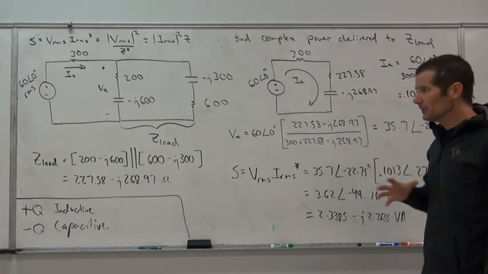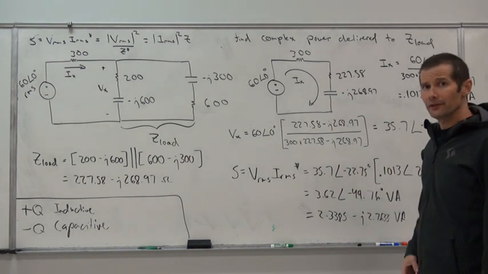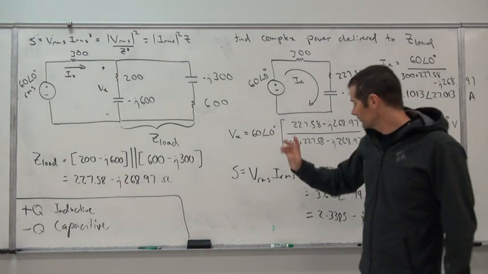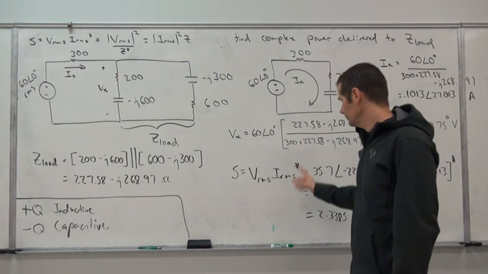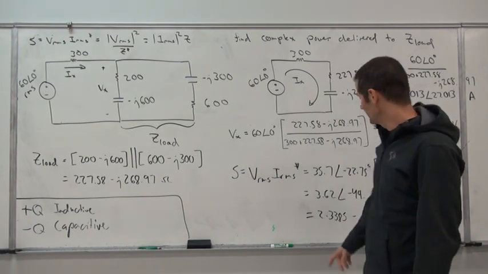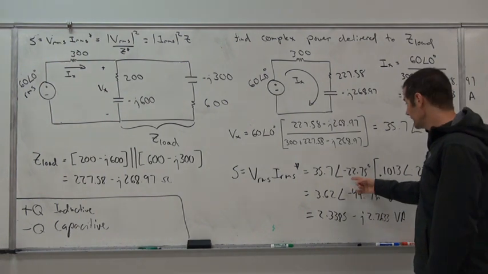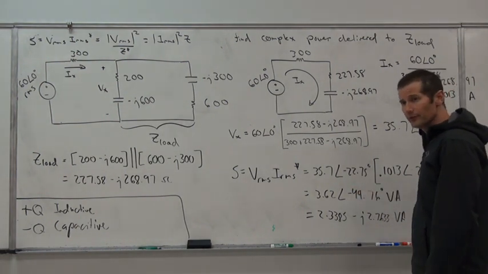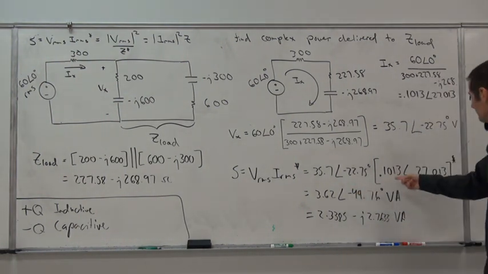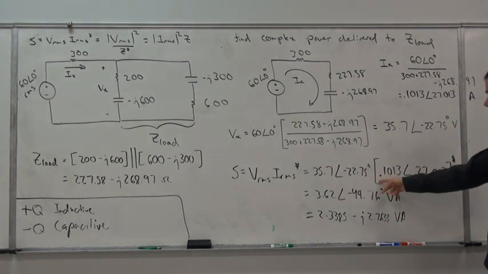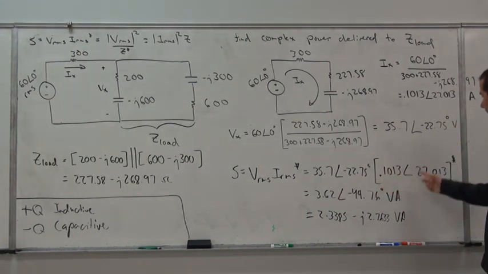So for the complex power in that load, all we have to do is say S is equal to V_RMS times I_RMS conjugate, and that's equal to 35.7 at an angle of negative 22.75 degrees, multiplied by the conjugate of 0.1013 at an angle of 27.013 degrees.